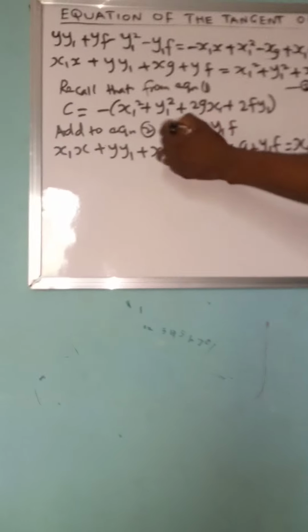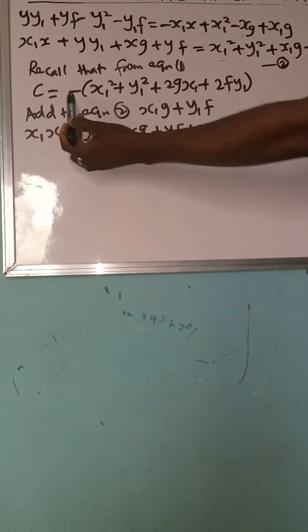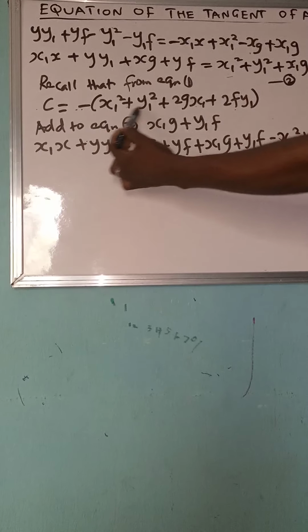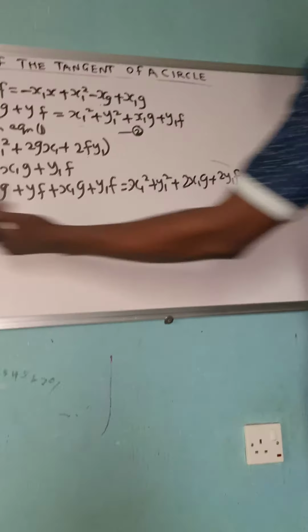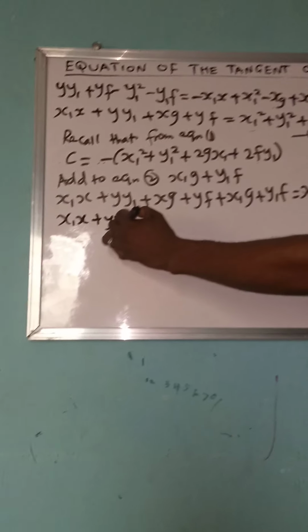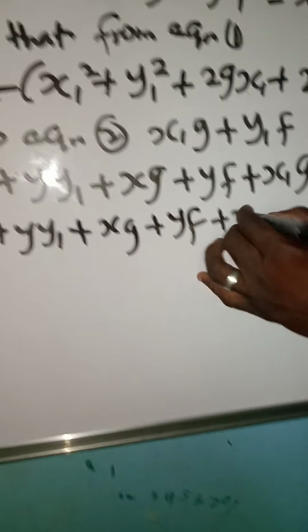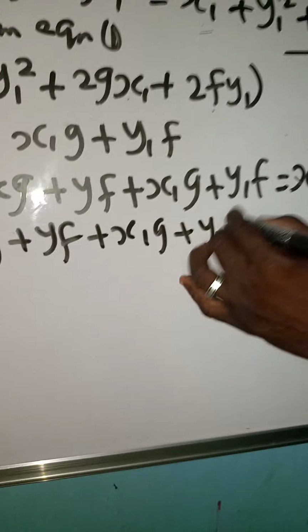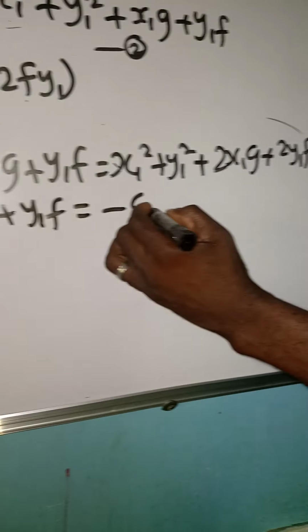So when you compare this with equation 1, you realize that this one is this. That means this is minus c. If it is minus c, it will give you this sum, which is this. So that means x1x plus yy1 plus xg plus yf plus x1g plus y1f is equal to minus c.